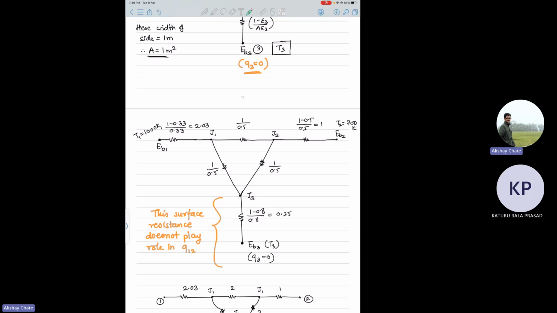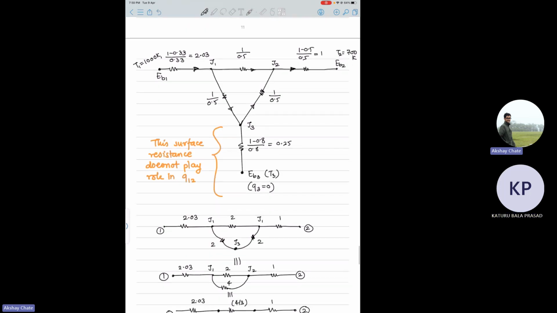J1 minus 3 to 2. Radiation balance. We have to do a heat balance.